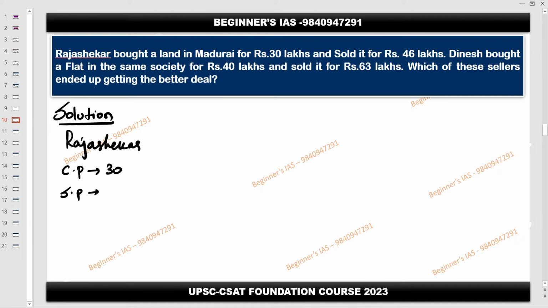Both the units are the same here in terms of lakhs, therefore don't worry about that. So SP minus CP is equal to 16. Therefore, the profit percentage is equal to 16 by CP. The reference is always the CP, into 100.